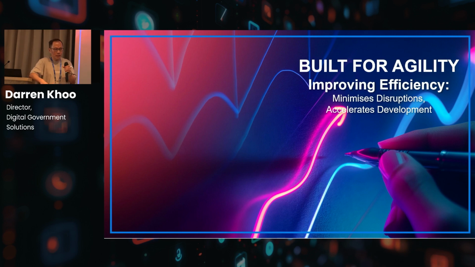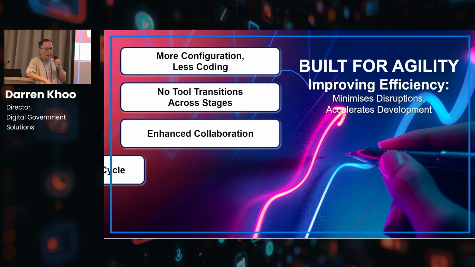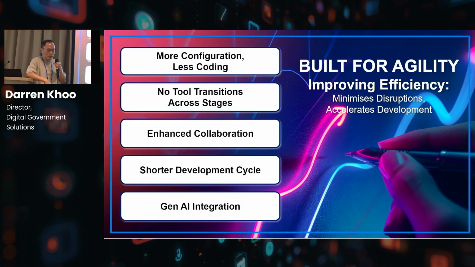So let me share some of the key highlights, or design principles, of Kaizen. Firstly, it's built for agility. Using Kaizen to create your apps is going to be based on more configuration and a lot less coding. You use drag and drop to create your UI, and then you configure them through properties.